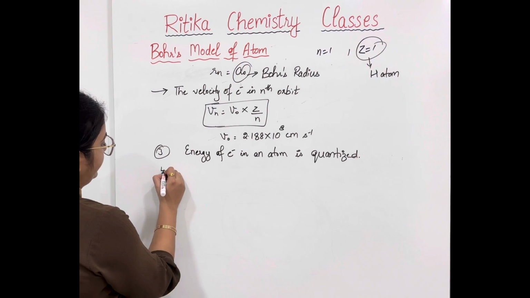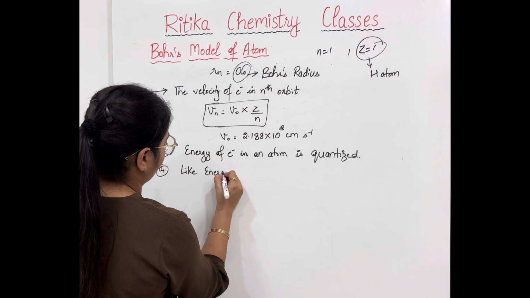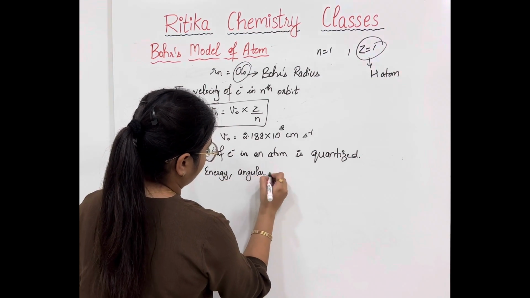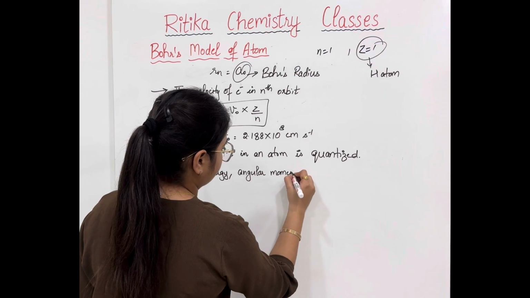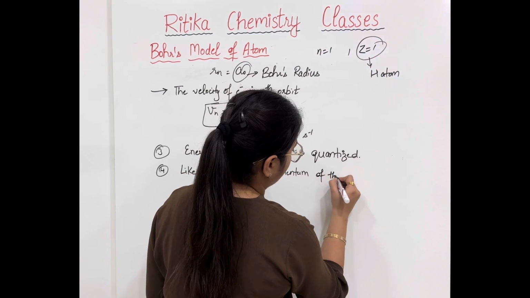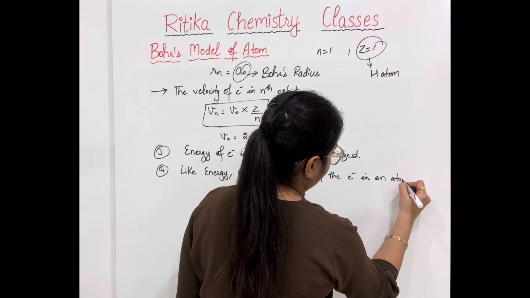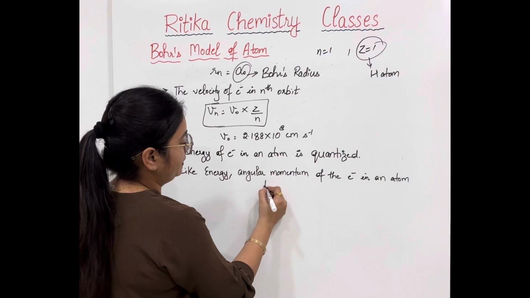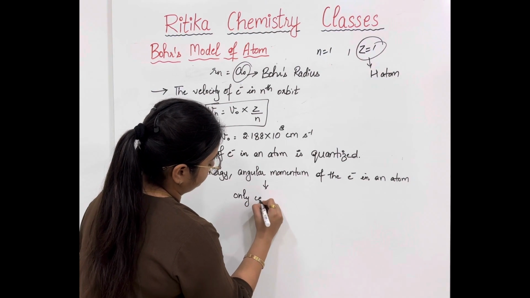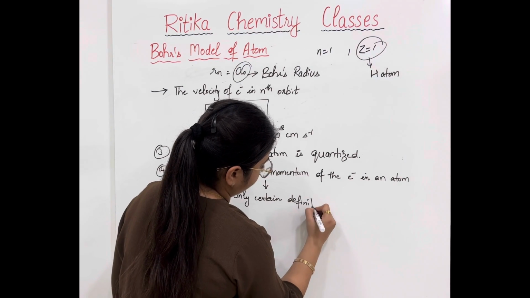Write down fourth point. Like energy, angular momentum of the electron in an atom can also have only certain definite value.